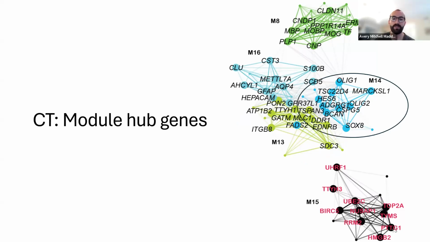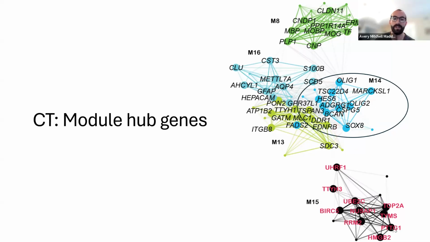In module 14, we see a lot of genes related to glioblastoma stem cell proliferation and maintenance. We also identify a lot of genes related to the NEFTEL NPC1 tumor state. So we're beginning to identify distinct modules associated with distinct NEFTEL cell states.